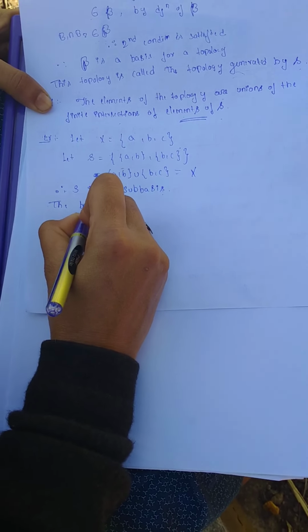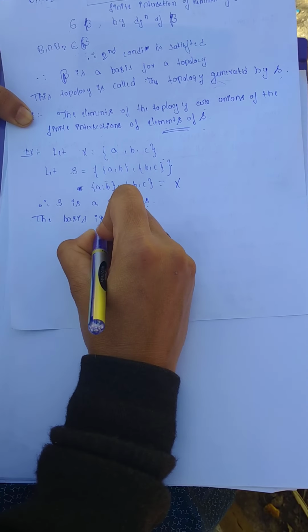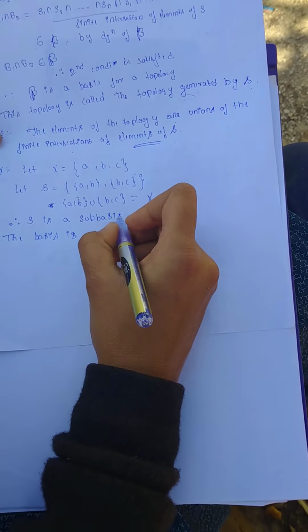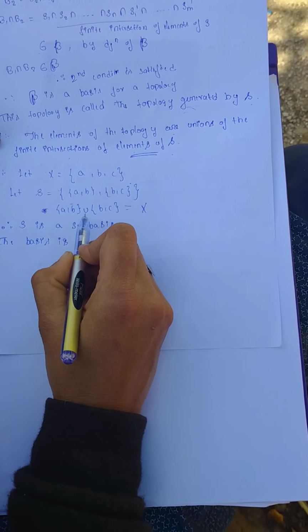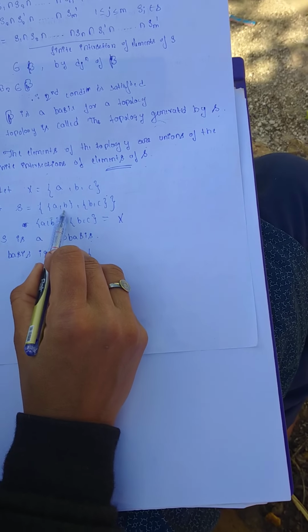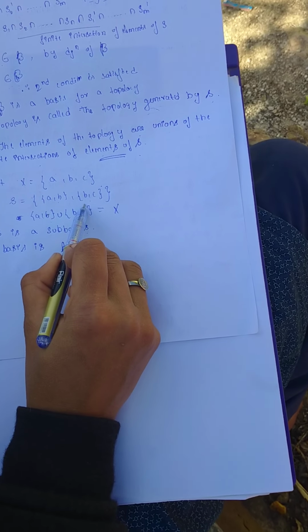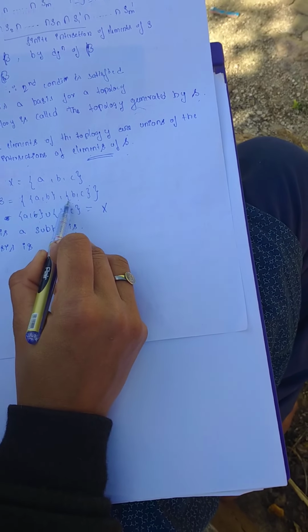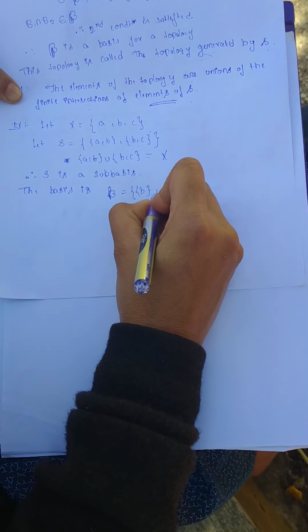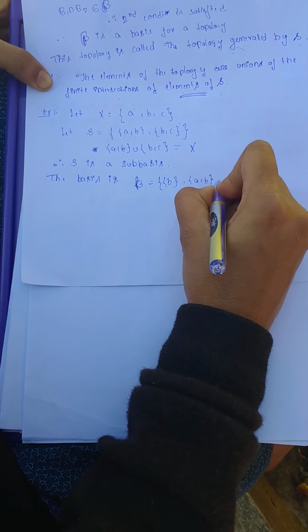The basis is obtained when you take finite intersections of elements of S. You take the intersection of this set with this set, we get the same. You intersect these two, we get the same. So we get {b}, {a, b} and {b, c}.